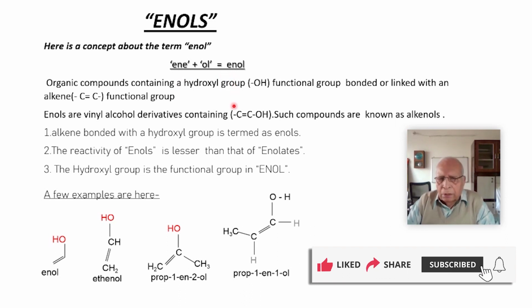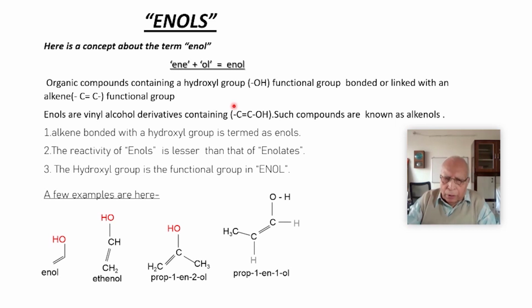Accordingly, the compound must have a double bond and an alcoholic group, OH. So the enols are nothing but vinyl alcohols, containing a vinyl group along with the alcoholic group. And as per the IUPAC system, these are known as alkenols. Alkenes bonded with a hydroxyl group are termed enols.